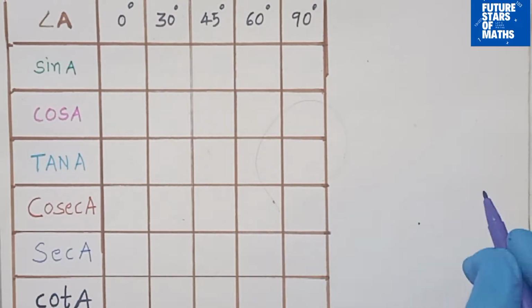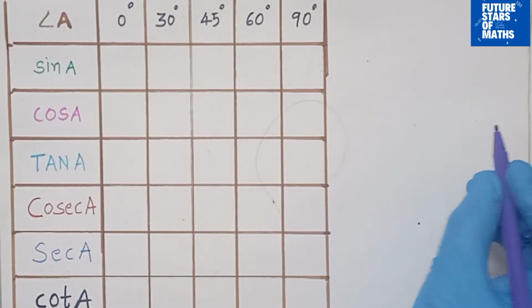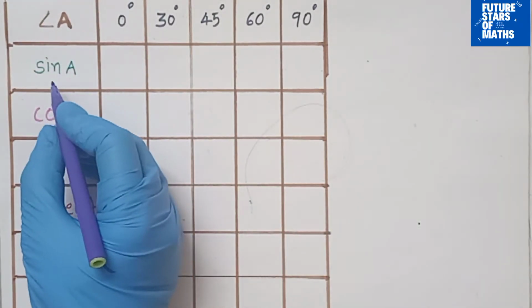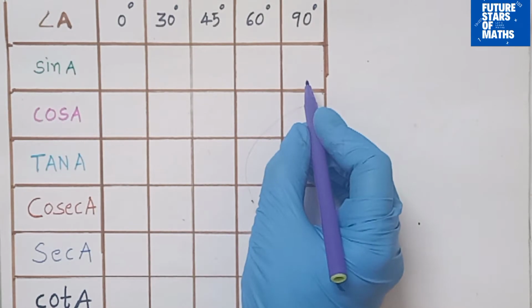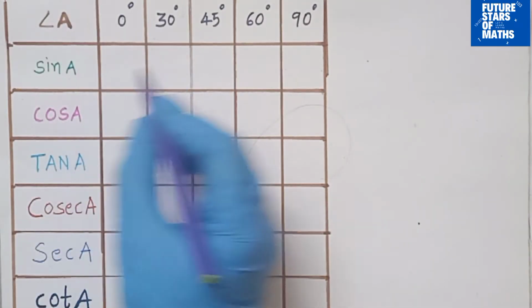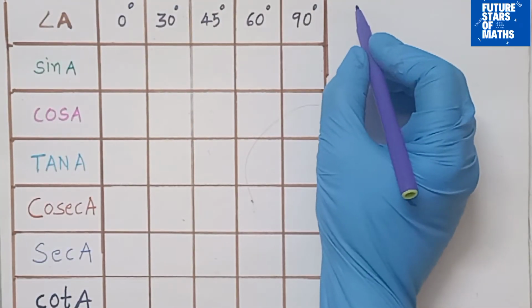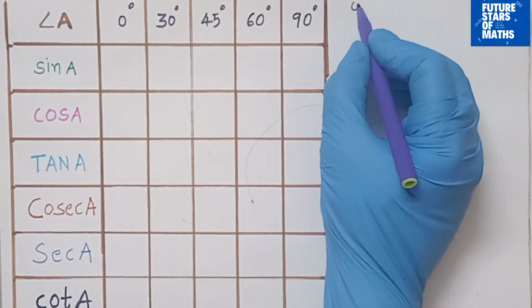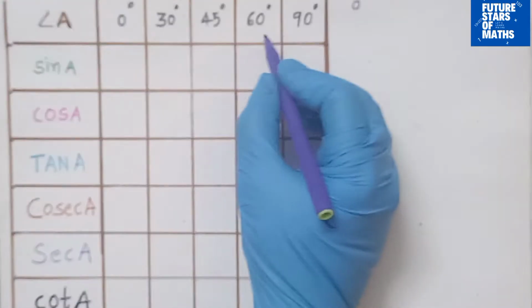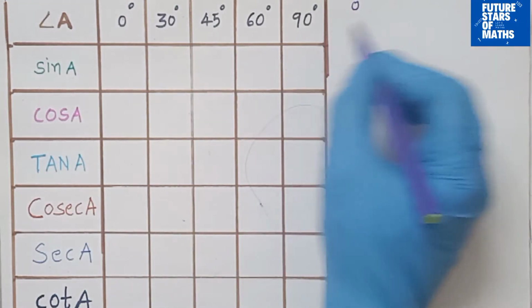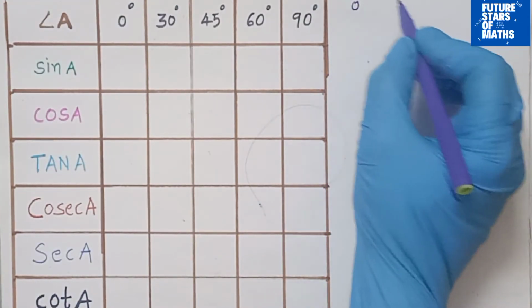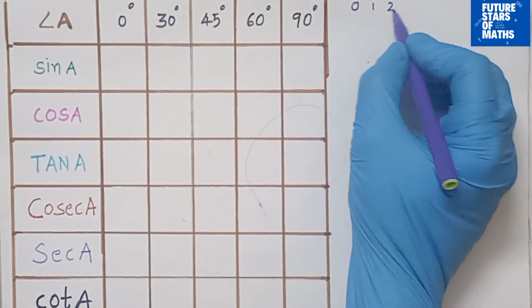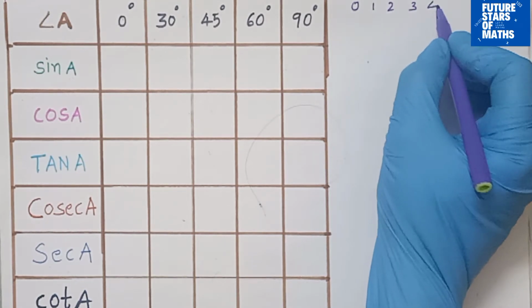So what are the things you have to remember? First, you remember how to write sine. Angles of sine. Just write 0. How many are there? 1 2 3 4 5. 5 angles are there. So write from 0: 0 1 2 3 4.